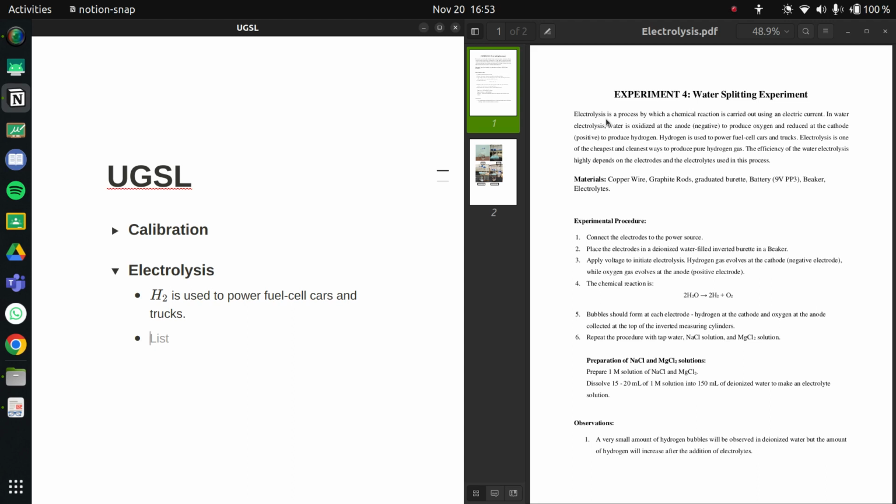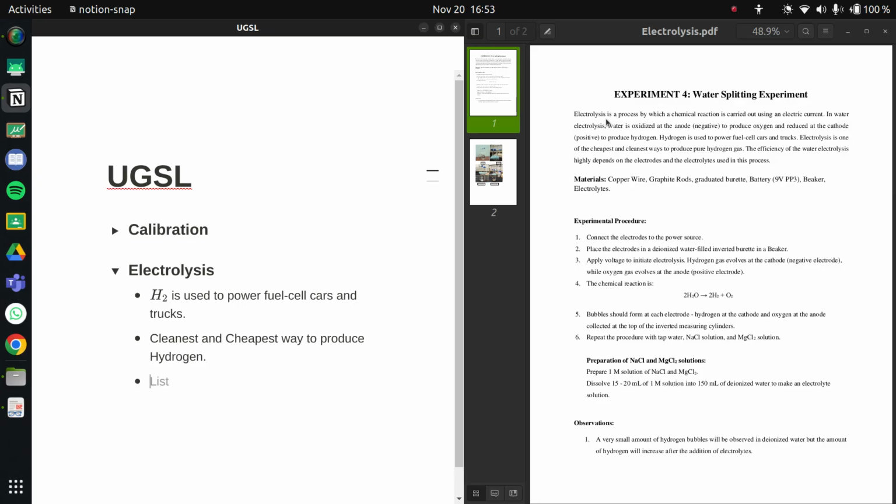That's bad, actually. But yeah, so it's the cleanest way. So electrolysis is the cleanest and cheapest way to produce hydrogen.